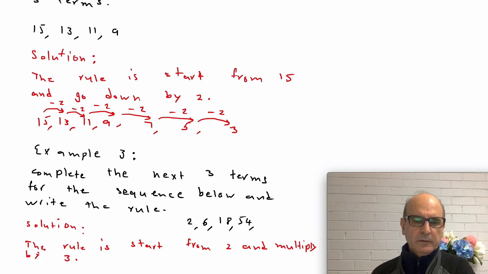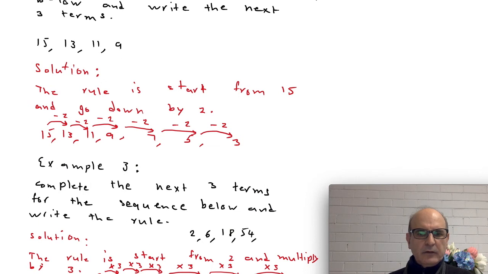Now if we want to complete that, times by 3, times by 3, times by 3. 54 times 3 is 162, 162 times 3 is 486, and 486 times 3 gives us 1458.